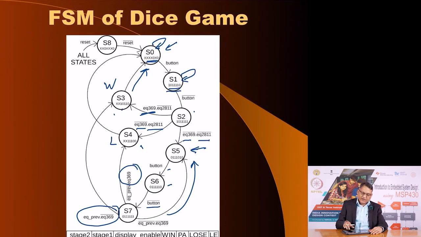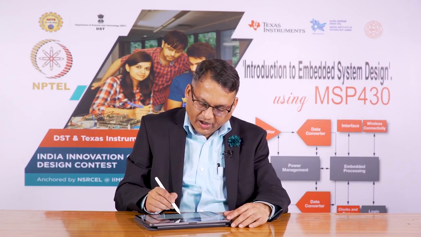Once you decide this, as I mentioned, this finite state machine can be implemented as a piece of VHDL code. All the elements of the data path, whether it is the counter, the 7 segment display or these comparators, can again be represented as VHDL code.